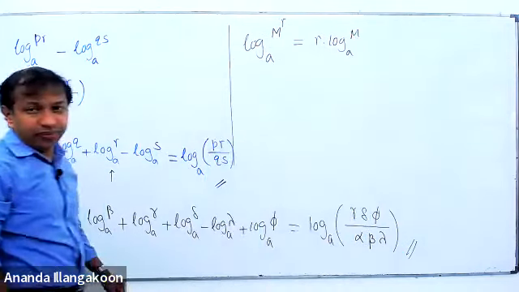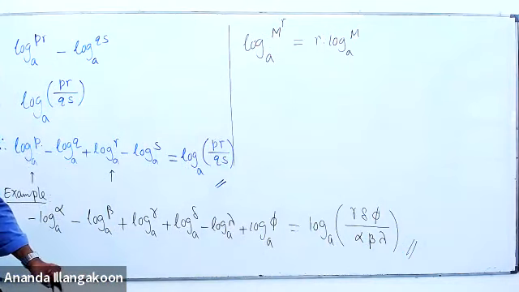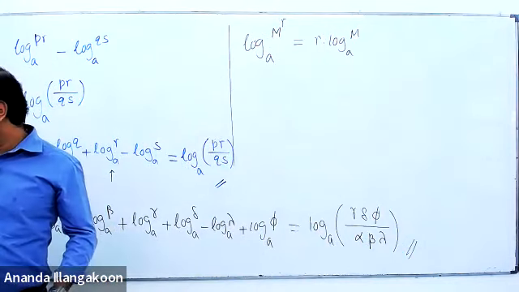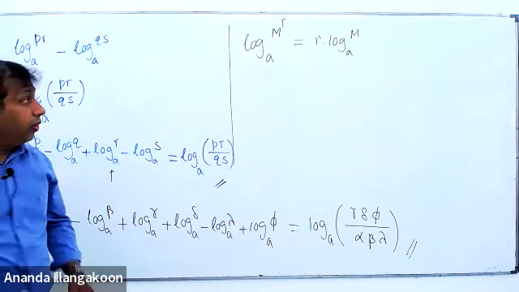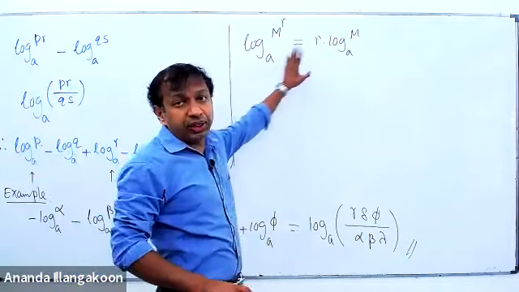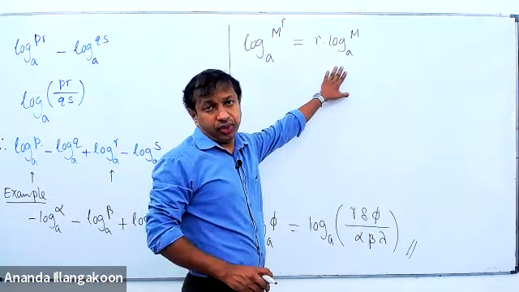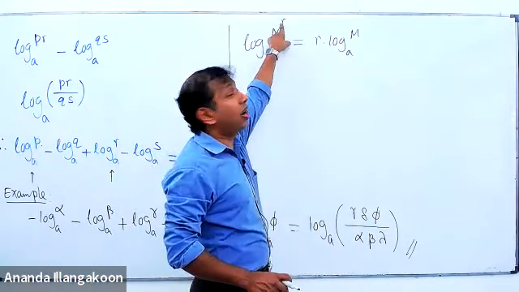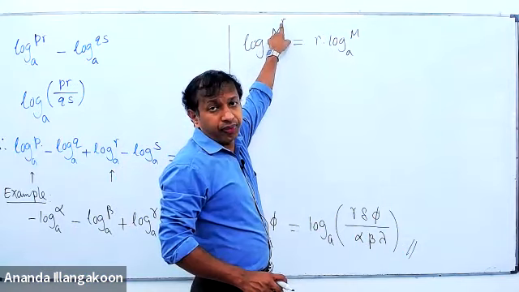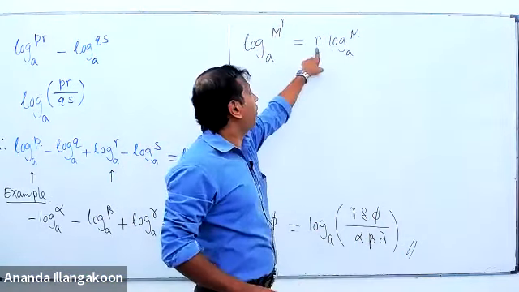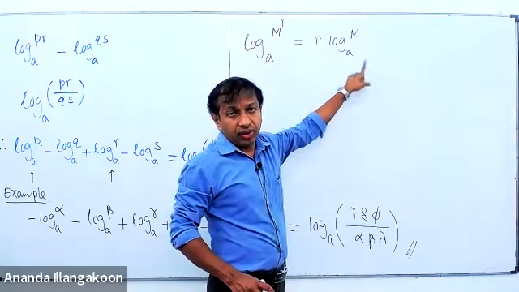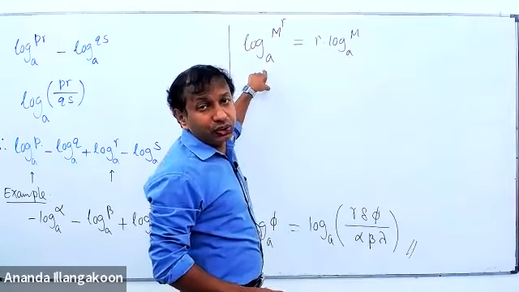So therefore, this law also you should understand to use in both directions. Both directions in the sense, now from left to right, how to use this? In the left, this r is at the power of m. Left to right use means this r you can bring before and write it like this. Right to left use is what?